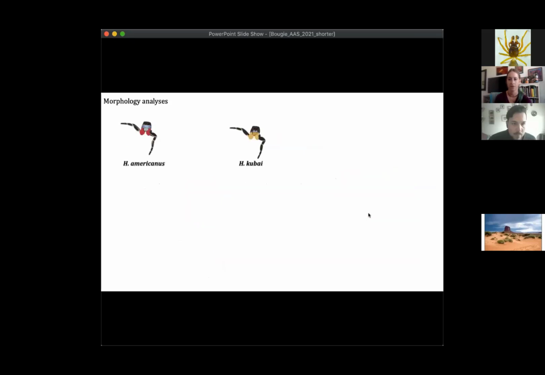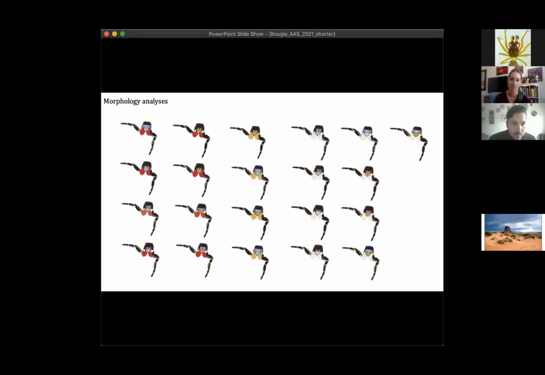We have both of our standard or parental species types, americanus here, and then cubae here. And then we had 19 distinguishable hybrid forms. So there's a lot of diversity within the hybrid types and the traits that they're combining between both parental types.